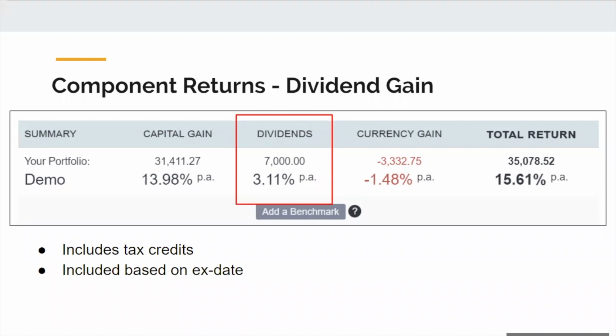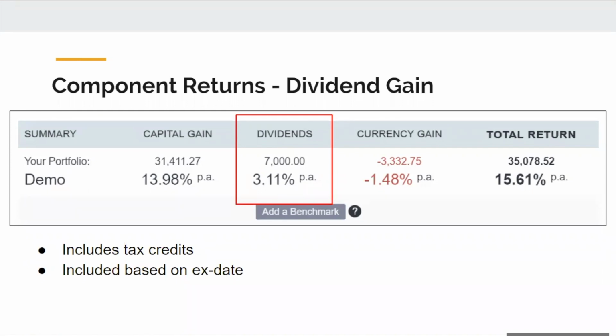But when we're calculating dividend gain in relation to your portfolio, we're actually looking at the dividend payment in relation to the amount that you paid for the shares originally. And when you look at it that way, dividends can become a significant component of the portfolio return.